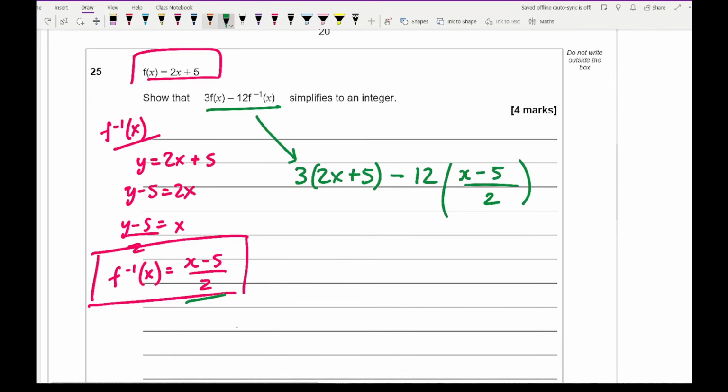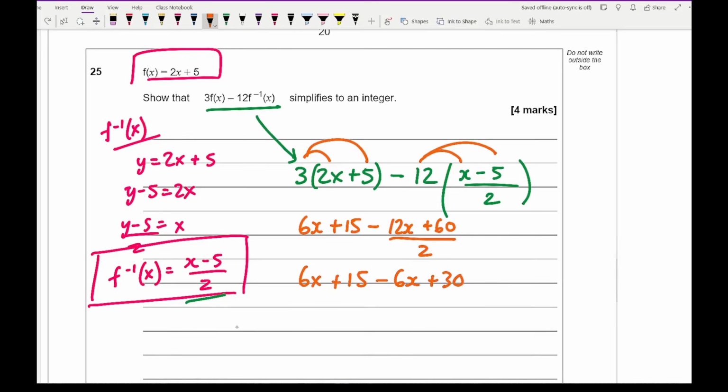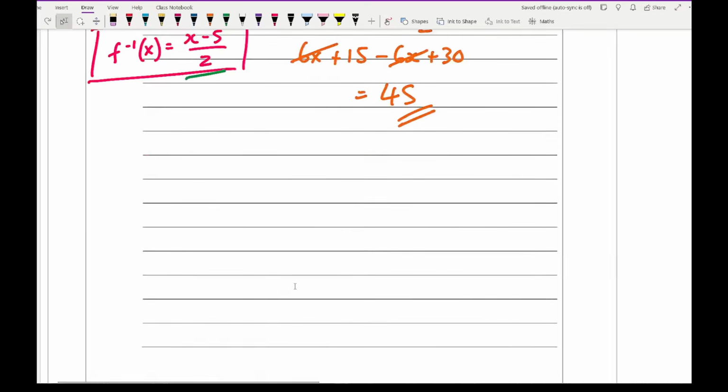So then expanding the brackets out and simplifying, well, 3 times 2x is 6x, 3 times 5 is 15, minus, and then we've got 12x plus 60, all divided by 2. So that gives me 6x plus 15 minus 6x plus 30. The 6x's cancel, so I just end up with 45, and that is an integer, and there is my final answer.